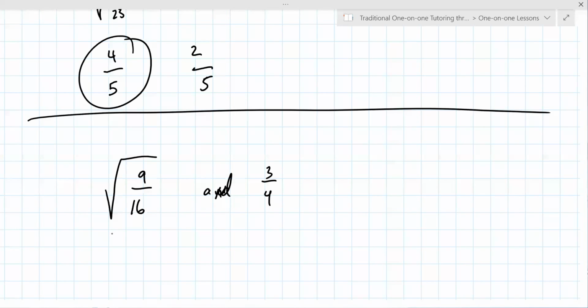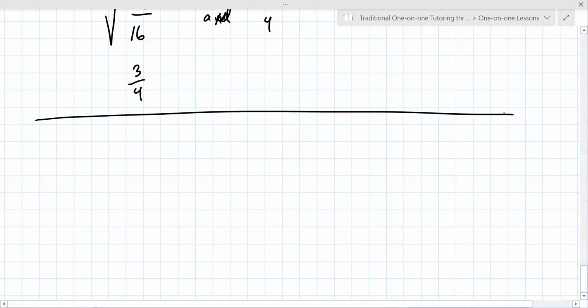Okay. So now the square root of 16 is 4, so it's 3 over 4. Oh, so it's the same. Let's try another one.